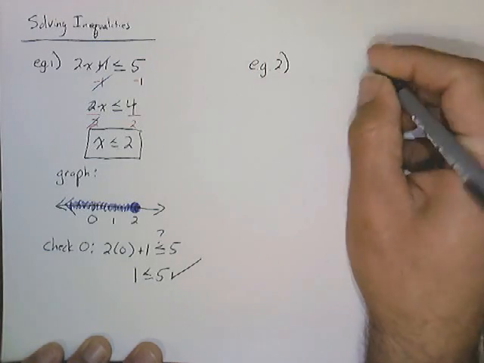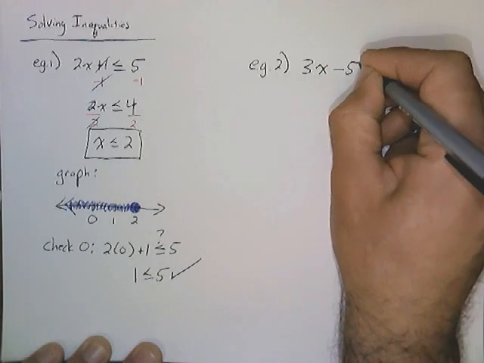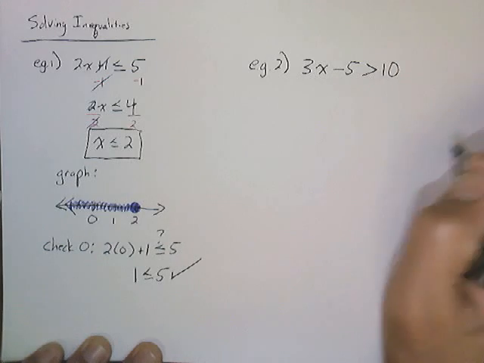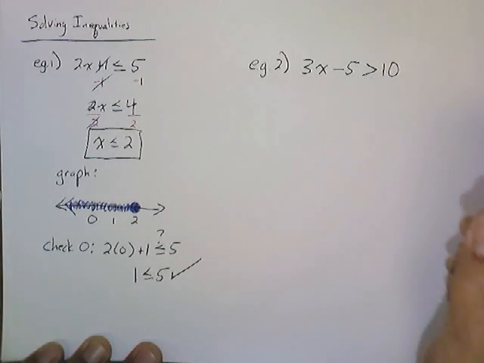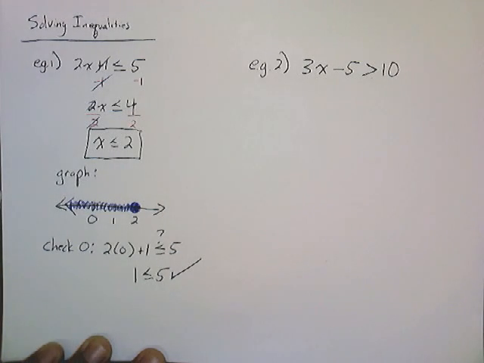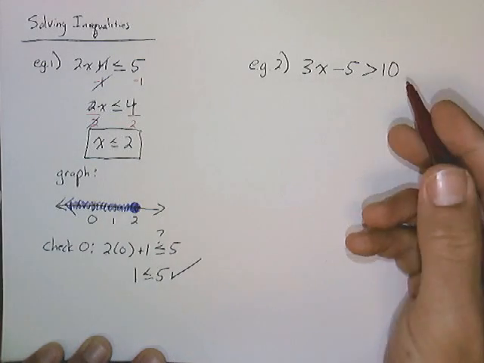Example 2. Let's try, say, 3x minus 5 is greater than 10. And sometimes I say strictly greater than, just to show that we don't want where equality happens. So again, we're just going to undo what's being done to the variable x in reverse order of operations.